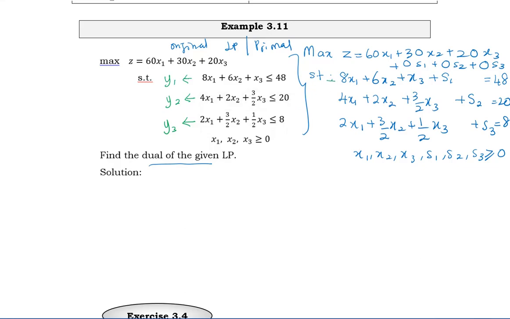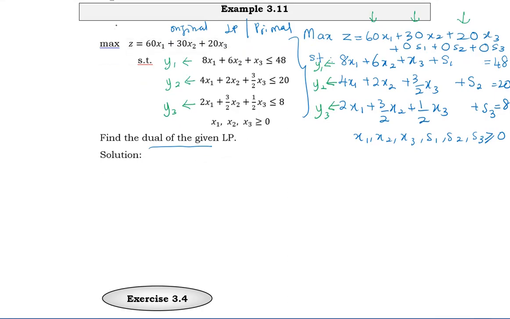We'll just put it here, it's easier like that: y1, y2 and y3. Okay, because this primal is maximization, therefore for the dual, the objective function will be minimization, and all the constraints should be greater than or equal to.